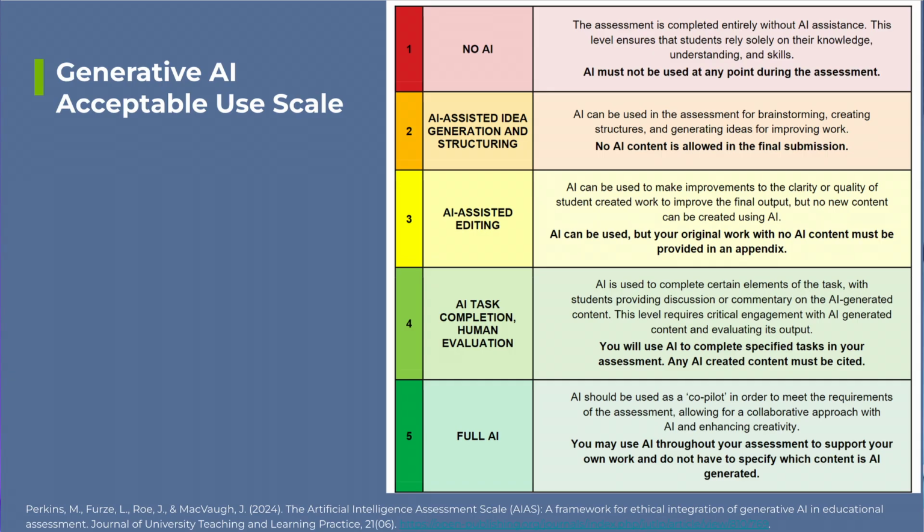Moderate use: AI is permitted for some aspects of assignments, such as idea generation or outlining, but not for final content creation. Full use with documentation: students can use AI extensively, provided they document and cite all AI contributions in their work. Full use with human oversight: AI can be fully utilized for assignments, but students must work closely with the instructor to ensure academic integrity and proper use.